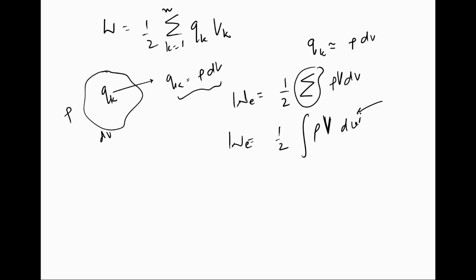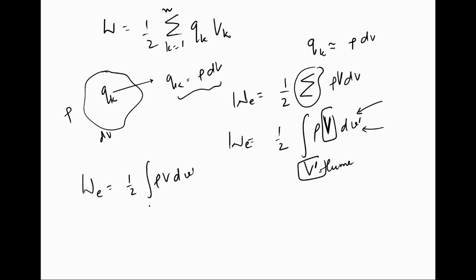I am using prime so that I don't confuse the source and the field point, over the full volume V dash. So don't get confused between the various V symbols: this is the potential, this is volume. So in a continuous charge distribution, the potential energy is given by half of the integral of rho V dV dash over volume V dash, and for point charges it is given as half of Q_k V_k, where k varies from 1 to n.